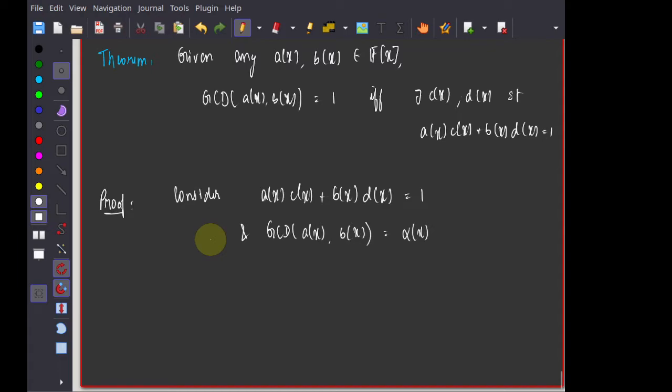Correct. And alpha of x should also divide b of x d of x. So it must divide a of x c of x plus b of x d of x. So alpha of x must divide 1. When can that happen? When alpha is a scalar. So in particular, if it's the GCD, it has to be equal to 1.